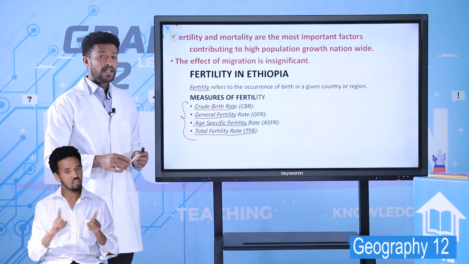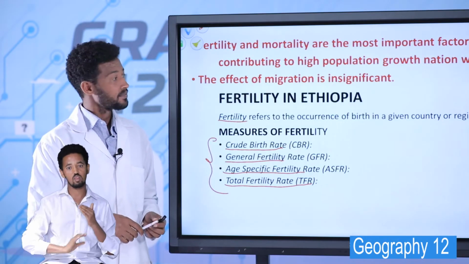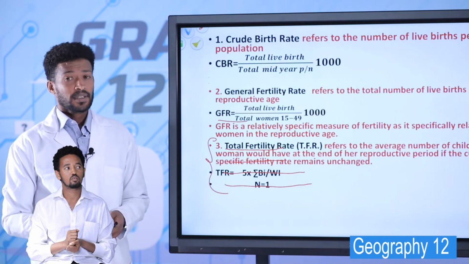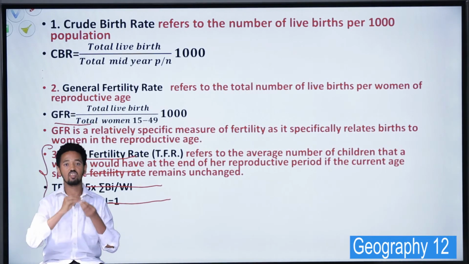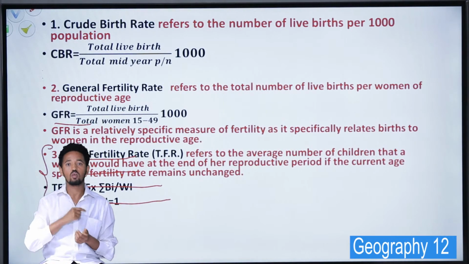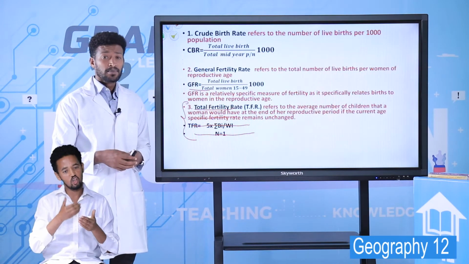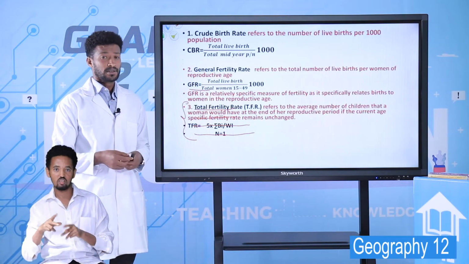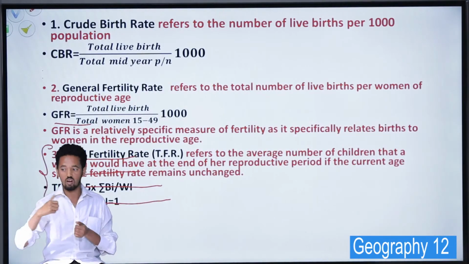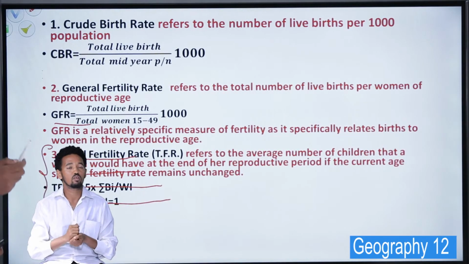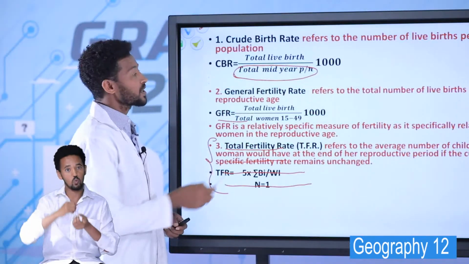But how do we calculate these measures of fertility? The first one is the crude birth rate. Students, why do we say crude? The reason why we call it crude is this: the denominator of the formula includes the total population.